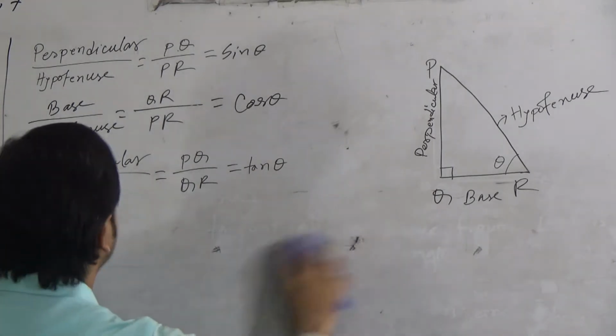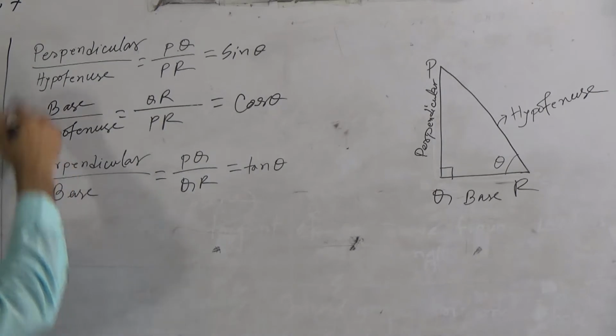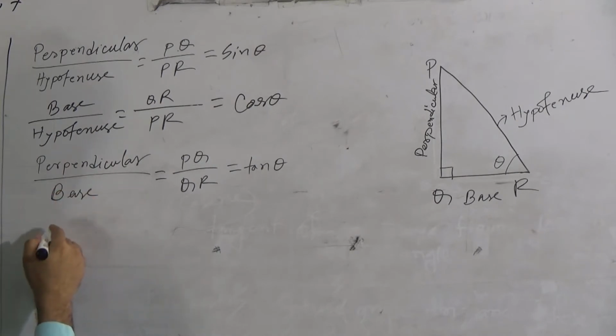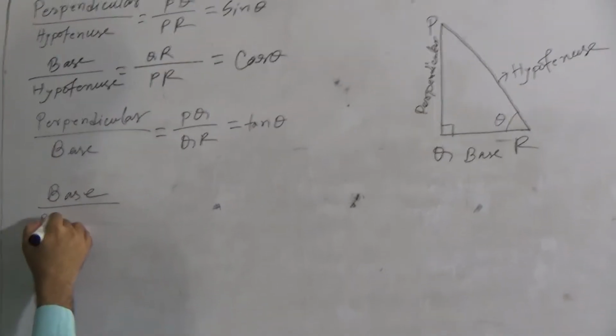Okay. So we are going to write the opposite ratio of this ratio now. What will be the opposite ratio of this one? Perpendicular ratio base. So this will be base ratio perpendicular.